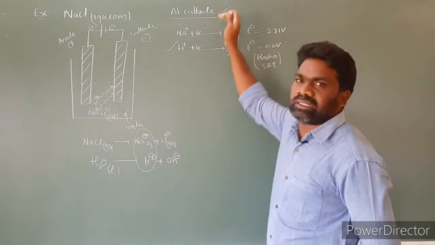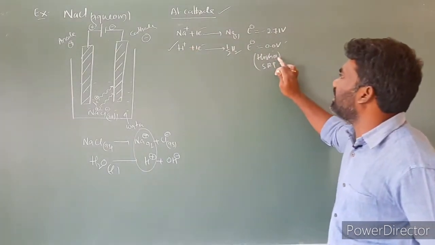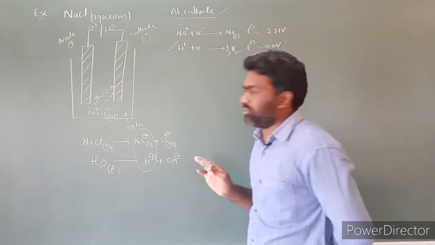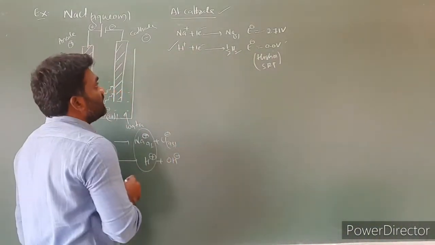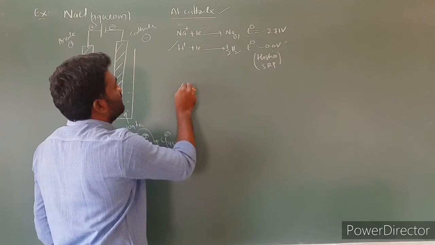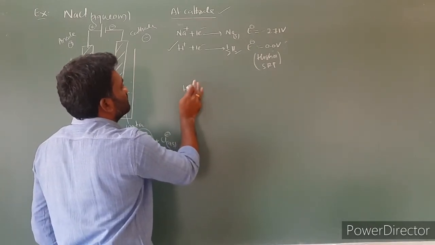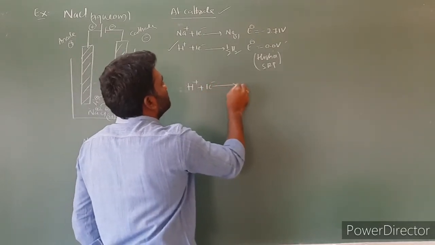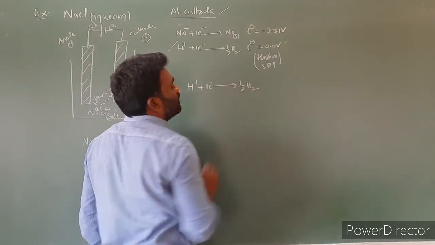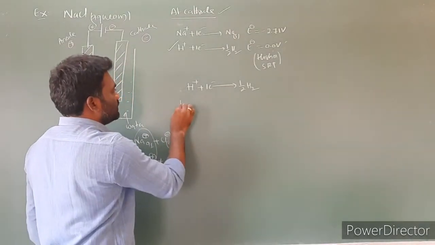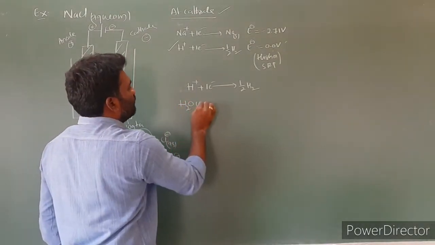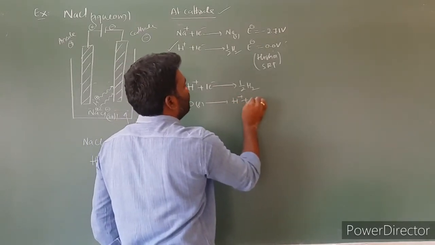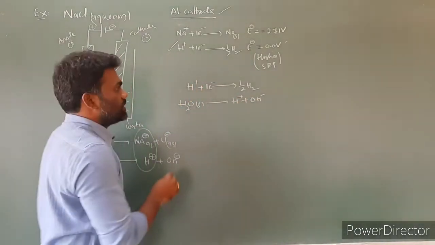At the cathode, the cation with higher standard reduction potential will discharge first. Then we can write the equation for the cathode. What is the equation? H plus plus 1 electron gives rise to half H2, and water is dissociating into H plus and OH minus.